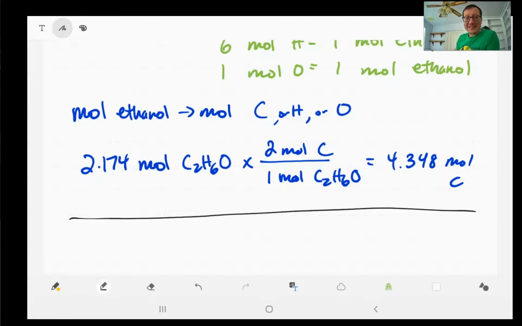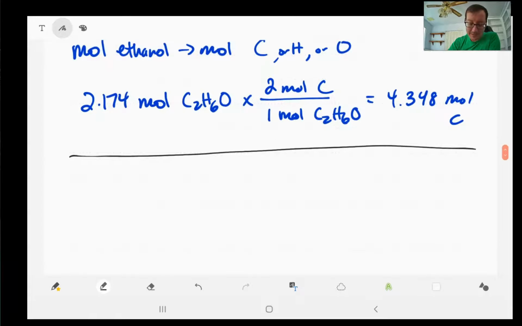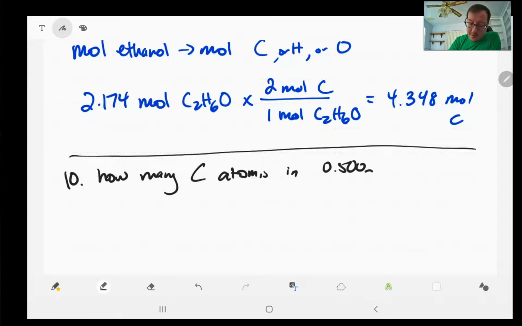Keep losing it on the units. That's chemistry. You've summed up the entirety of Gen Chem in one sentence. So, totally. Okay, so how many carbon atoms are in 0.5 grams of glycine?